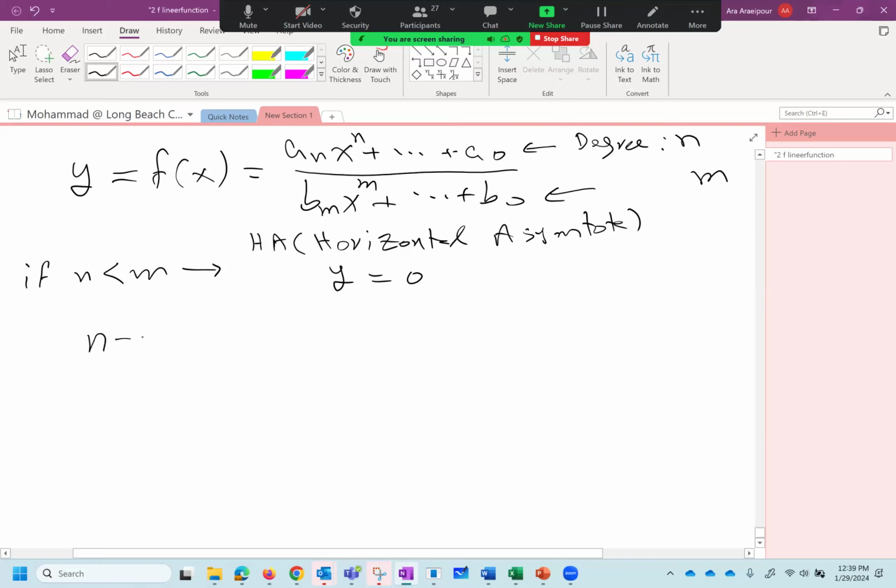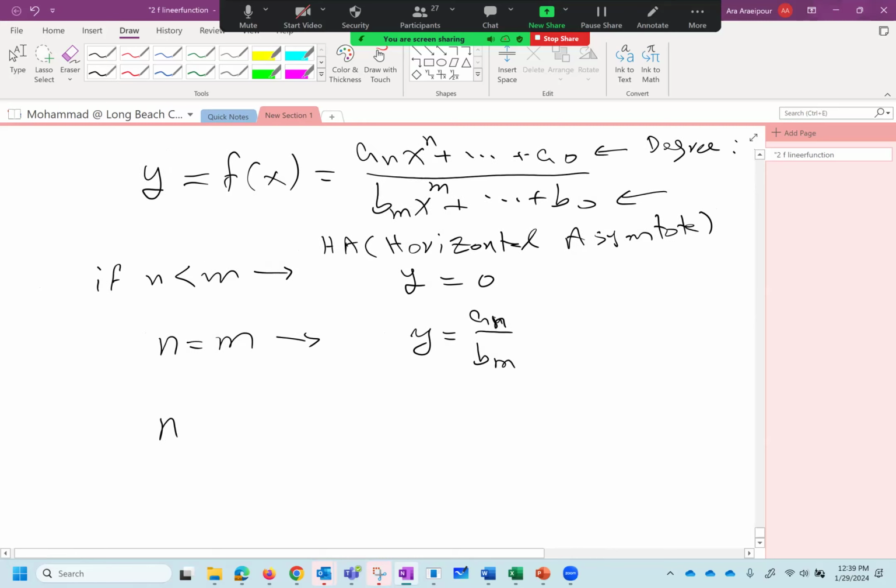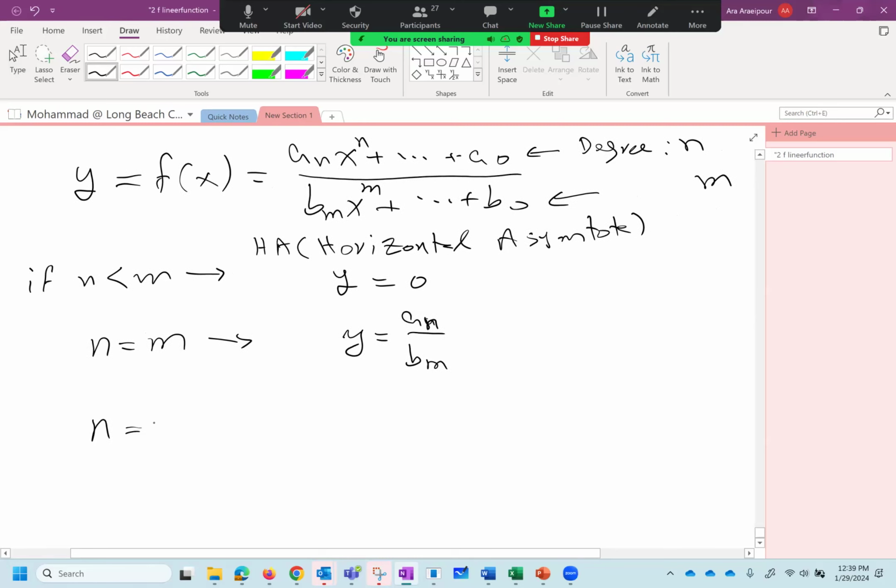If n equals m, then the horizontal asymptote has the equation y equals a sub n over b sub m. And if n is m plus 1, then y or f of x can be written as mx plus b plus some remainder over the denominator.